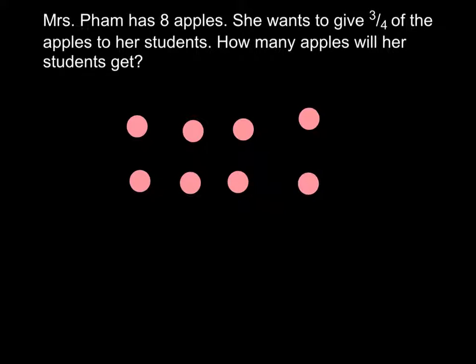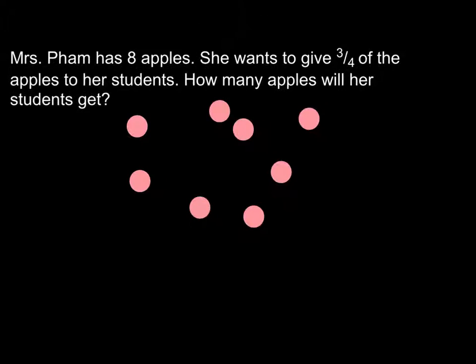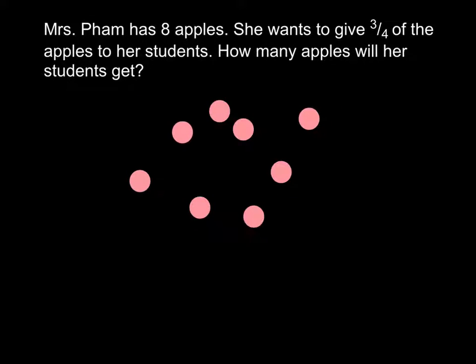Okay, and I could have just 8 random circles laying around. It's kind of hard to divide a set like this up into groups. So I want to make an array of my 8 circles that represent the apples. And I'm taking a look at my story problem, and I see that I need 4 groups.